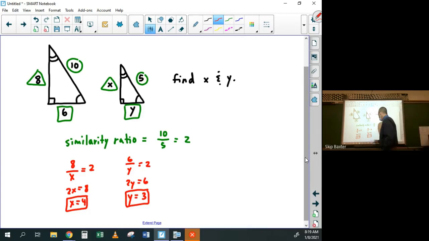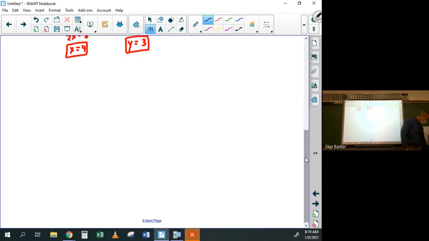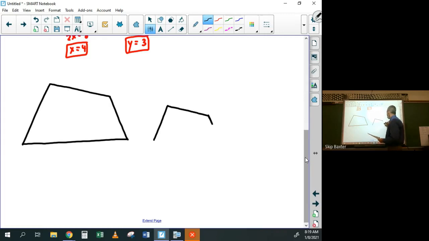Okay, let's do another example. Suppose you have two quadrilaterals that aren't really anything special. They're not trapezoids or rhombuses or rectangles or anything like that. They're just random quadrilaterals.